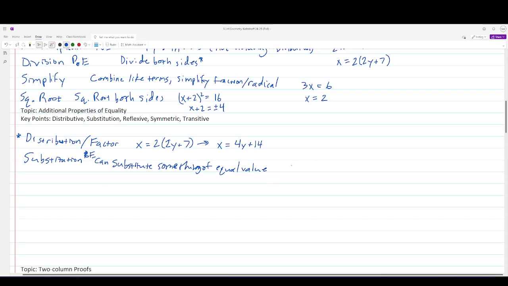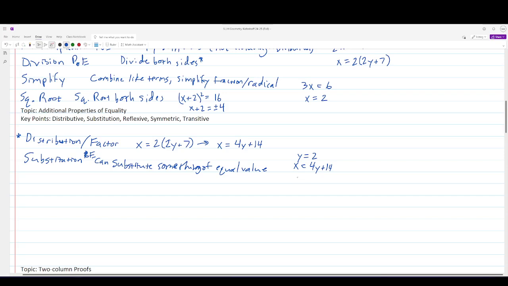So that's if I had something like, well, let's just go with what we had above. If I have x = 4y + 14, and then in a separate step, I had y = 2. That would give me the ability to substitute the value of 2 where y is.